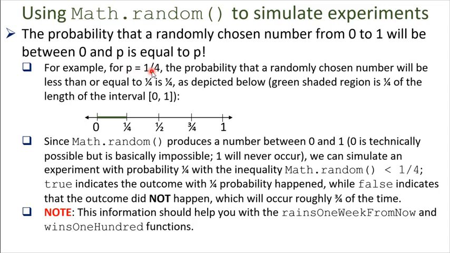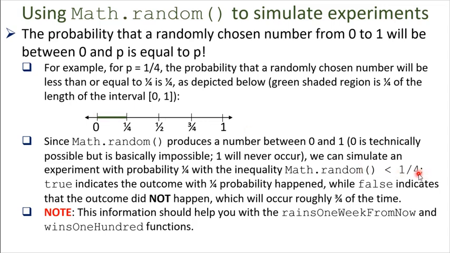So if you have the probability of something happening that's 1/4, one way to actually simulate whether this occurs or not is to use Math.random. And remember, Math.random is producing a number between 0 and 1. And then you can ask if that's less than 1/4. So what's the probability that that's going to be less than 1/4? Well, that's 1/4 of your interval. And since each number is equally likely to be produced, the probability of that happening is 1/4.